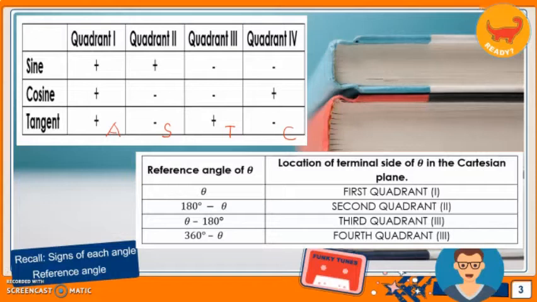Please take note of the concept that in the first quadrant, the angle itself would be the reference angle, while in the second quadrant, you may get that one into 180 degrees minus the given angle, while in the third quadrant, that would be the angle given minus 180 degrees, and in the fourth quadrant, we have 360 degrees minus the given angle. Please take note of these two important concepts as we will be using this one in the succeeding lecture.